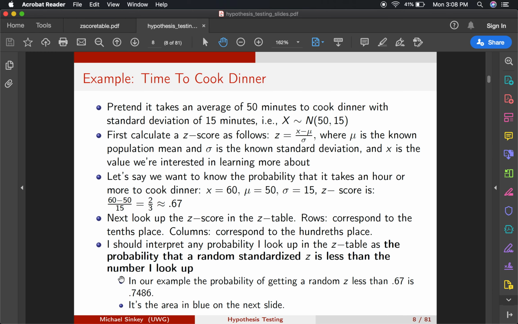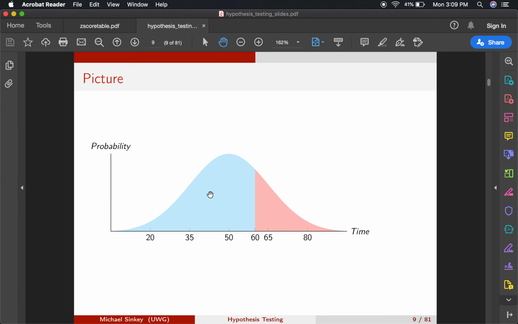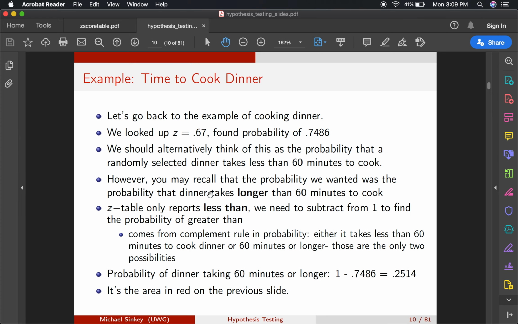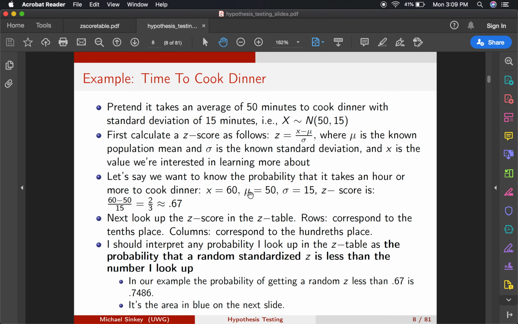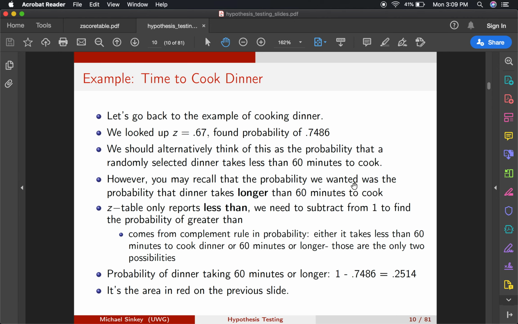So the probability of getting a z less than 0.67 is 0.7486. That's this area in blue. What if I want the area in red? That's what it said in the problem. I wanted to know the probability of taking an hour or more to cook dinner. Okay? I subtract from 1.